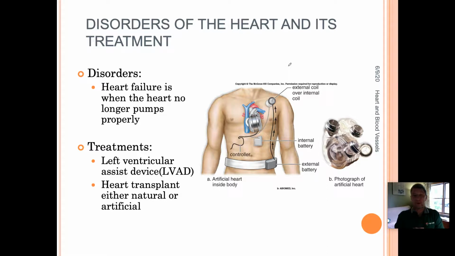Now, if there are disorders within the heart itself, this can obviously lead to multiple problems. You need blood to pump through your body. And so if your heart's not functioning at full capacity, or if it's not functioning at all, then this is referred to as heart failure. And so there are multiple treatments for heart failure. There is what we call a left ventricular assist device, or an LVAD. This is sometimes referred to as a pacemaker.